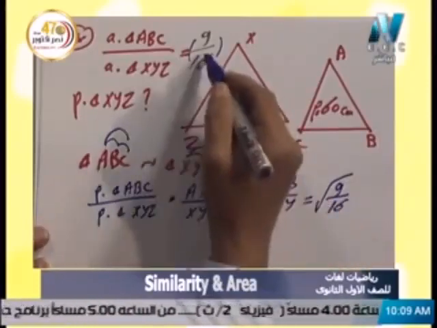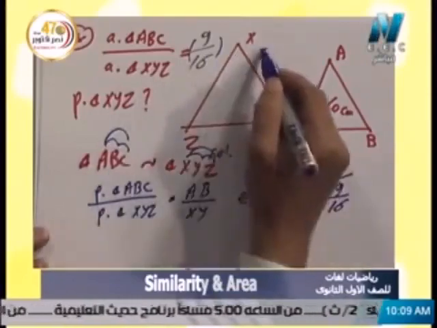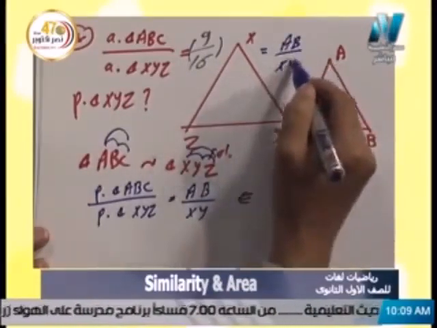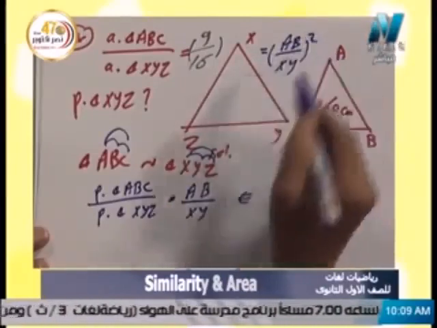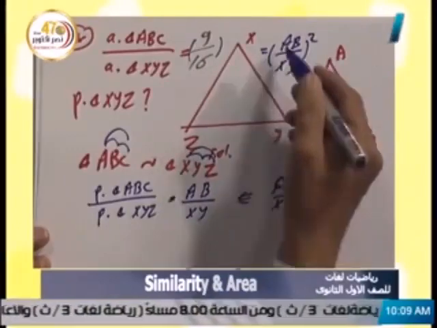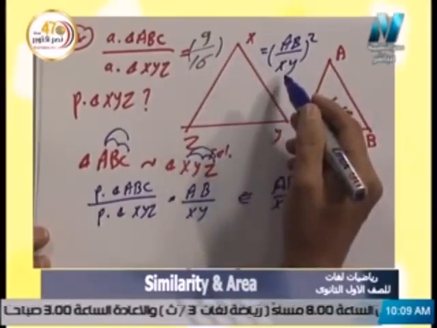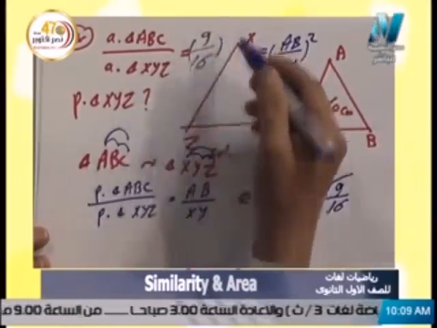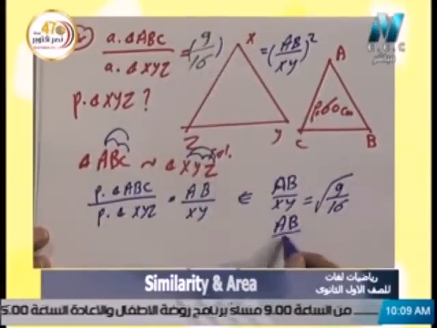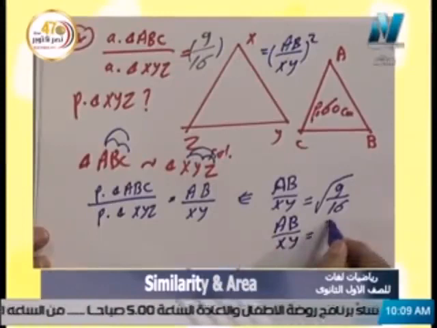Because the ratio of area equals AB over XY, which is one of the ratios of the triangle, but power 2. So to get AB over XY only, we must take the square root of 9 over 16. So AB over XY here will be 3 over 4.